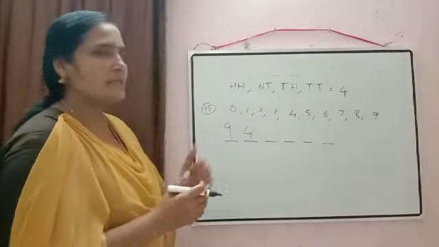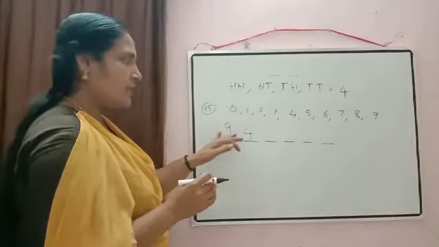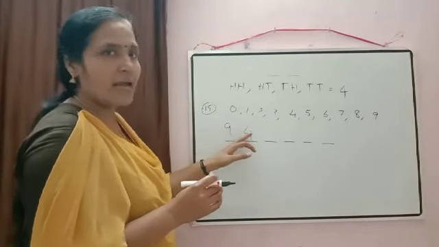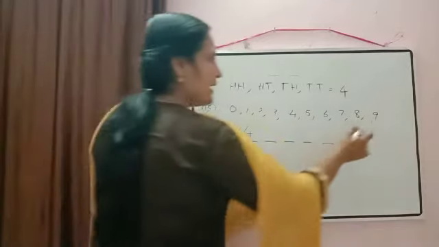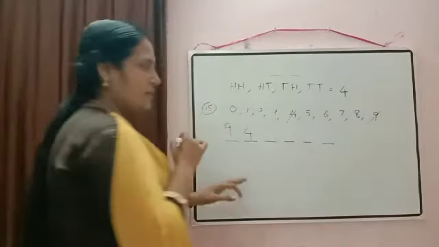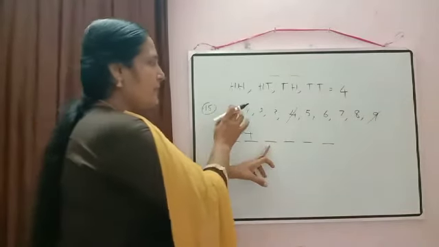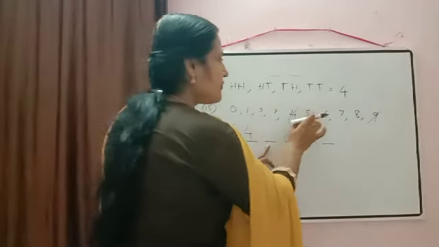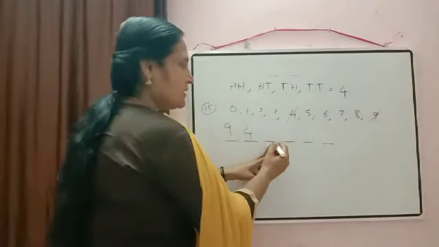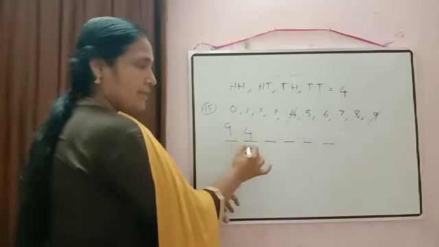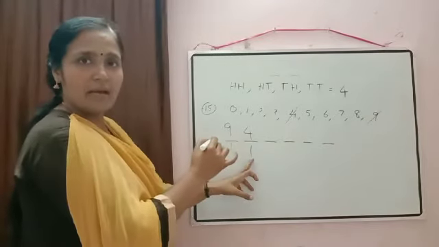Now how many options are available with us? We cannot write 9 again, we cannot write 4 again there. So 9 and 4 are removed. So for this place, how many options are available? 1, 2, 3, 4, 5, 6, 7, 8 options are available. The first place can be filled in 1 way only. This one also can be 1 way only.